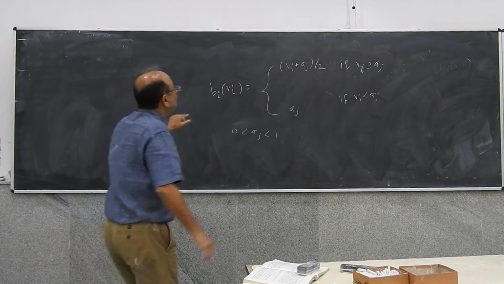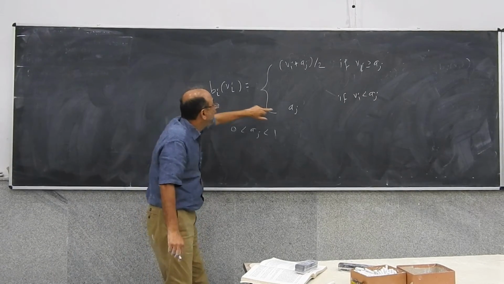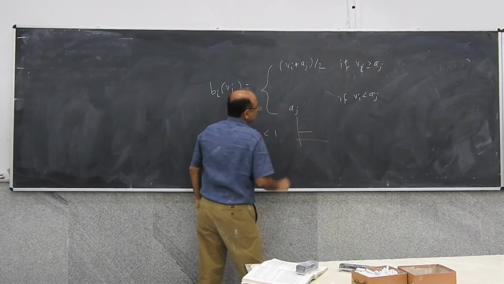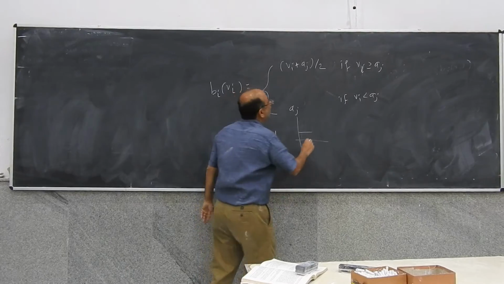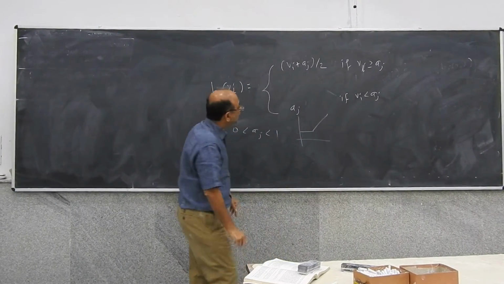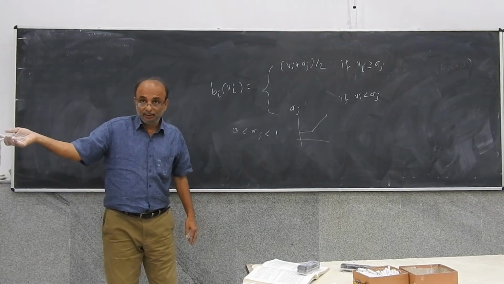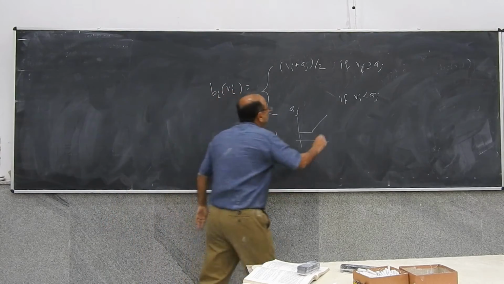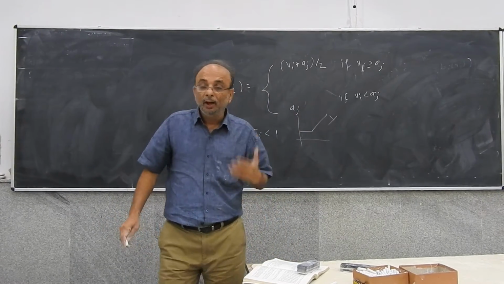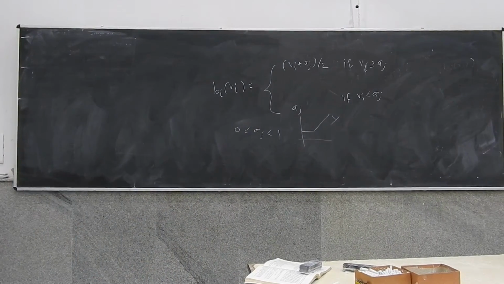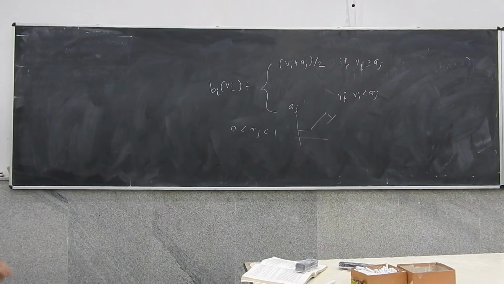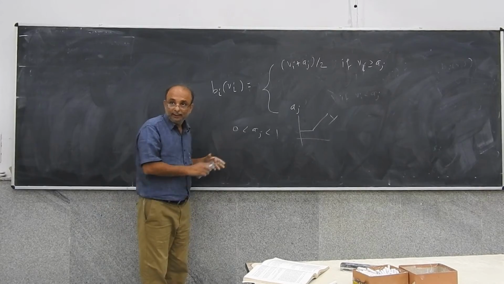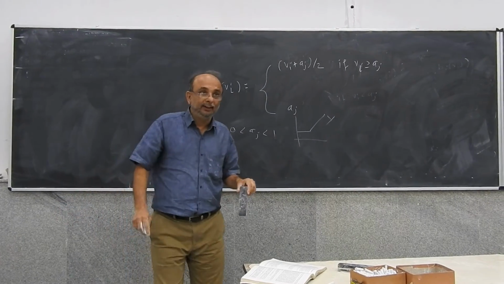Which means your best response function will be Aj for some Vi's, and then (Vi plus Aj)/2 for other Vi's. So it will have to be non-linear, which we are ruling out. We are ruling out nonlinear response functions in equilibrium. So Aj cannot be between 0 and 1.